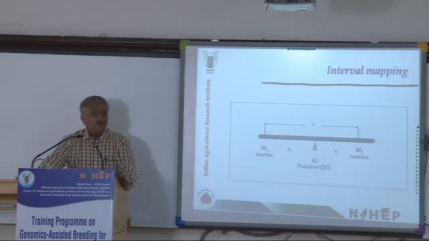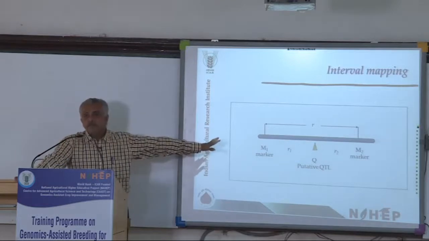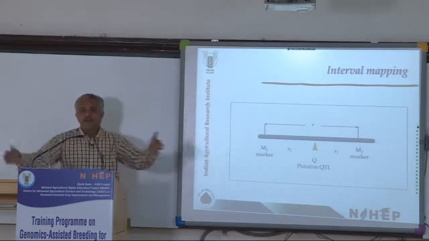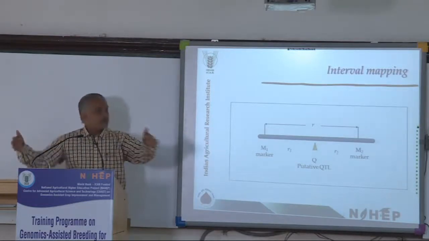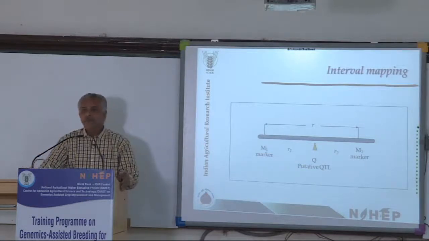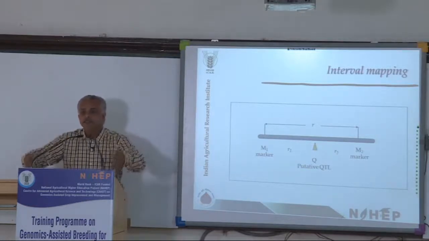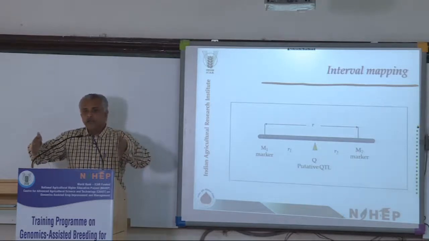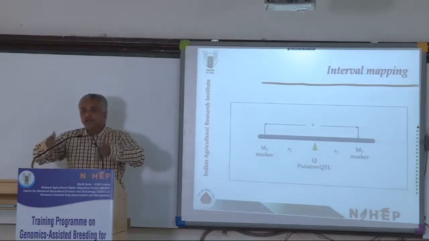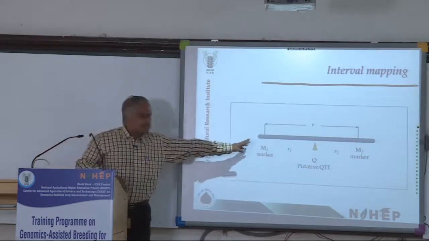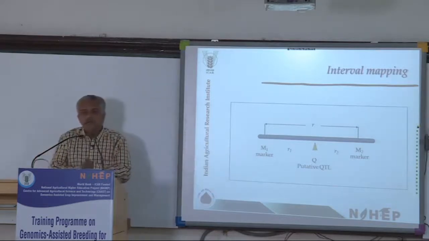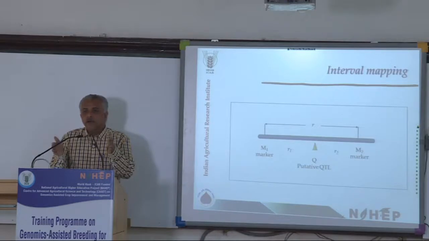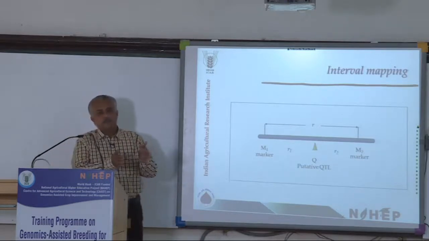So, interval mapping uses the same principle: identify the two flanking markers around the QTL, then the next step is to estimate the likelihood of finding the QTL between these markers at a specific distance.